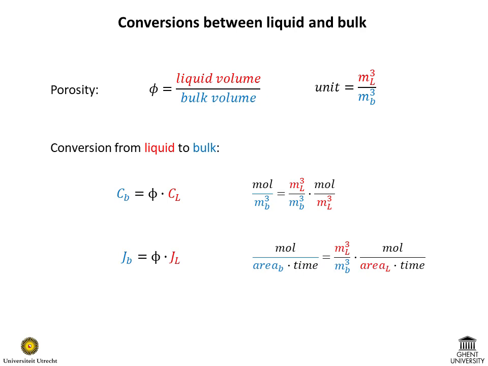Similarly, to calculate the flux per area of bulk space, we need to multiply the flux in the liquid phase with the porosity. And finally, to calculate the rate per cubic meter of the bulk space, we need to multiply the rate in the liquid phase with the porosity. We recommend that you pause the video now to verify and better digest this result.